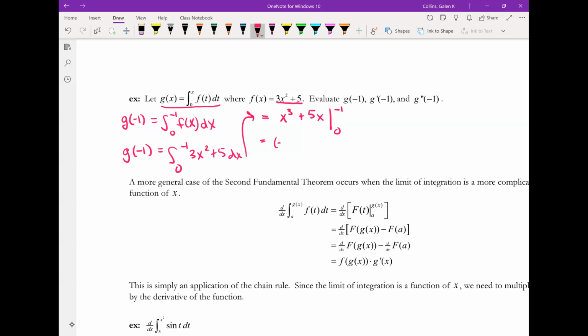So that becomes -1 cubed plus 5 times -1. So -1 minus 5, and then we're going to subtract from that the lower limit. So 0 cubed plus 5 times 0. So -1 plus -5 is -6 minus nothing. All right, so g of -1 is -6.